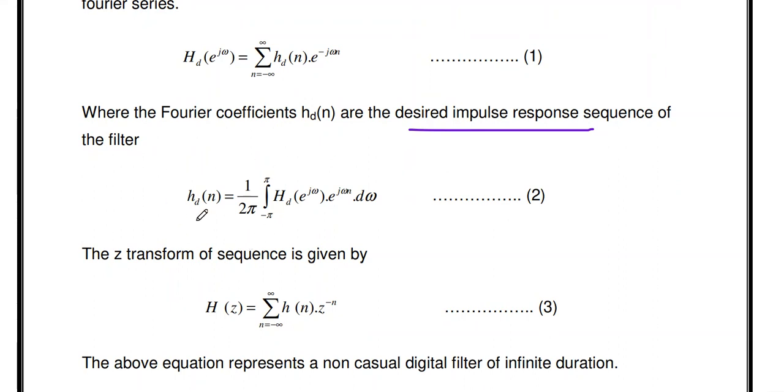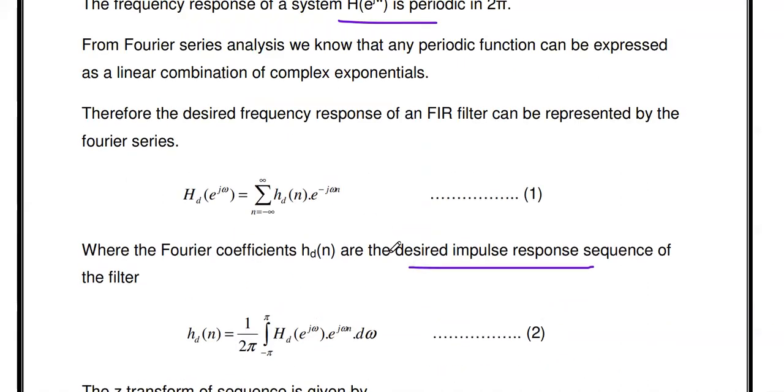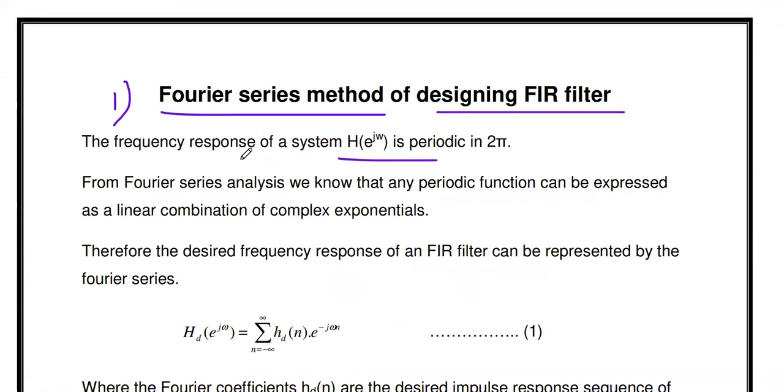So we have to limit this desired impulse response to 11 samples, 9 samples, or 7 samples. Then, taking the Z transform of that h of n, we get the transfer function of the digital FIR filter. Only these three steps we are going to follow in the Fourier series method.